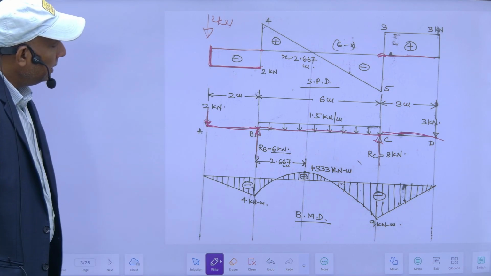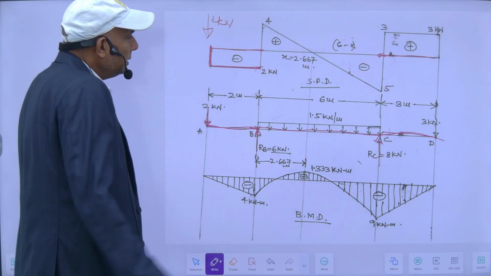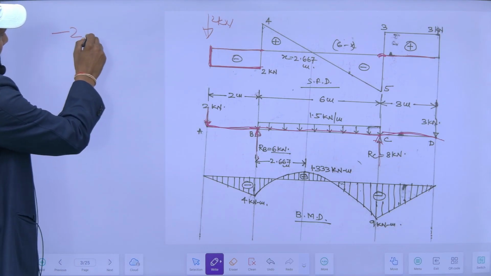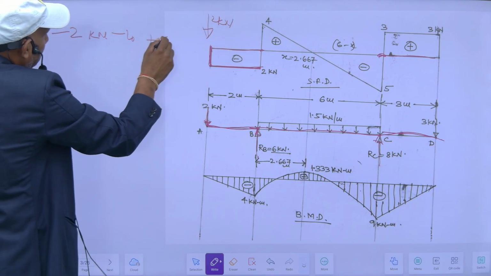And at this point, there is a sudden jump in the shear force from minus 2 kilonewton to plus 4 kilonewton.